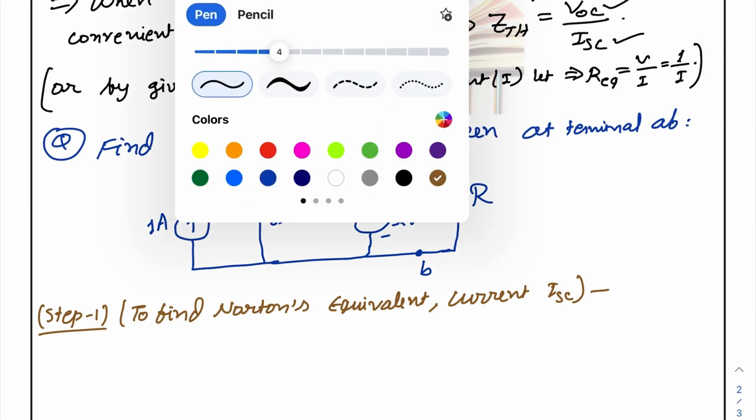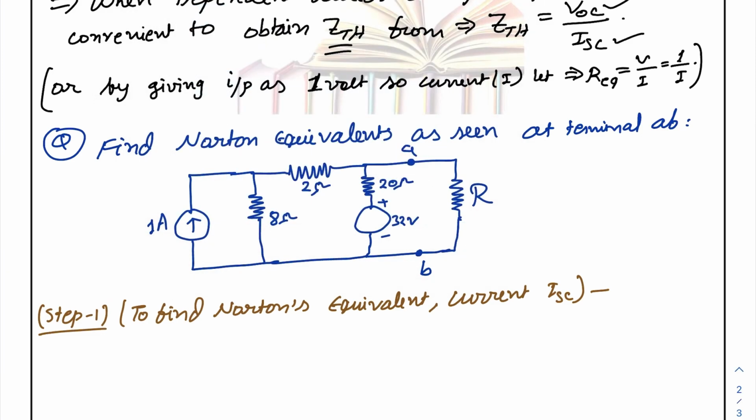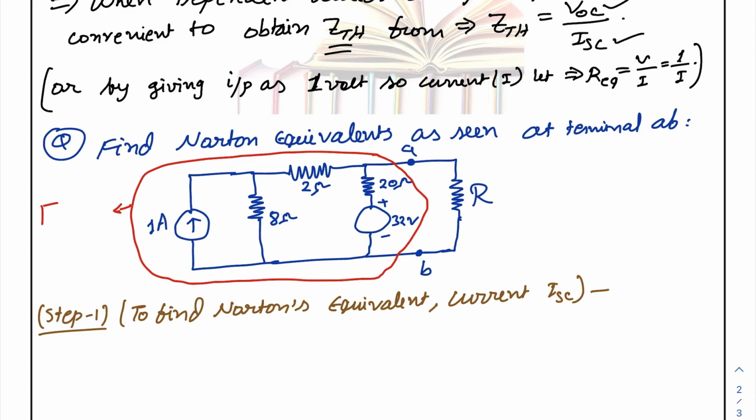One minute. First you tell me, this is your circuit. So for this one, Norton equivalent means we need to find out the Norton equivalent across this one. Norton equivalent of this one means we need to represent this like this one: there will be one current source and there will be one impedance in parallel, and then there is your load given as capital R. Okay, so capital R is this one, this is A terminal, this is B terminal.